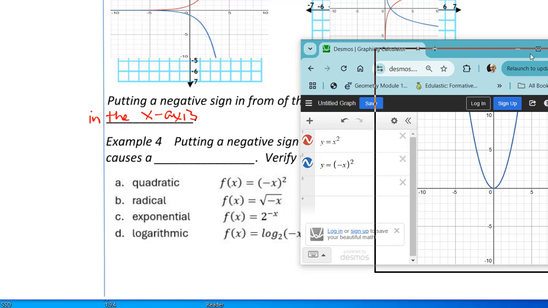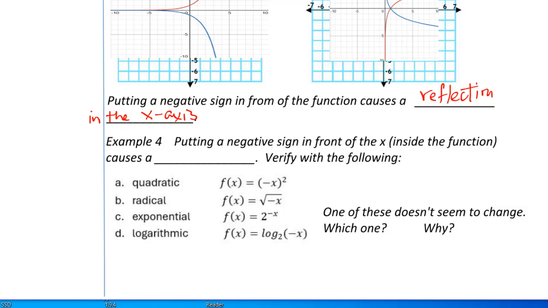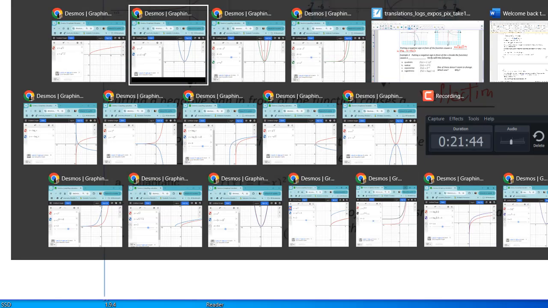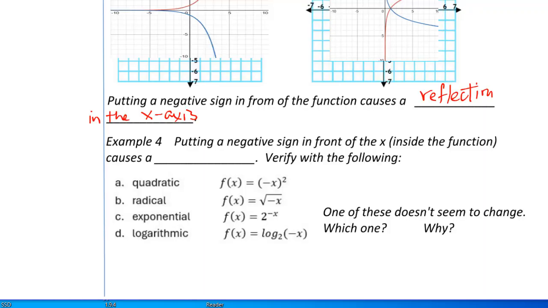All right, what about the next one? Let's bring over the square root function. Whoops, I just dropped it. Oh my, just had a little accident with my graph there. And now I lost it.